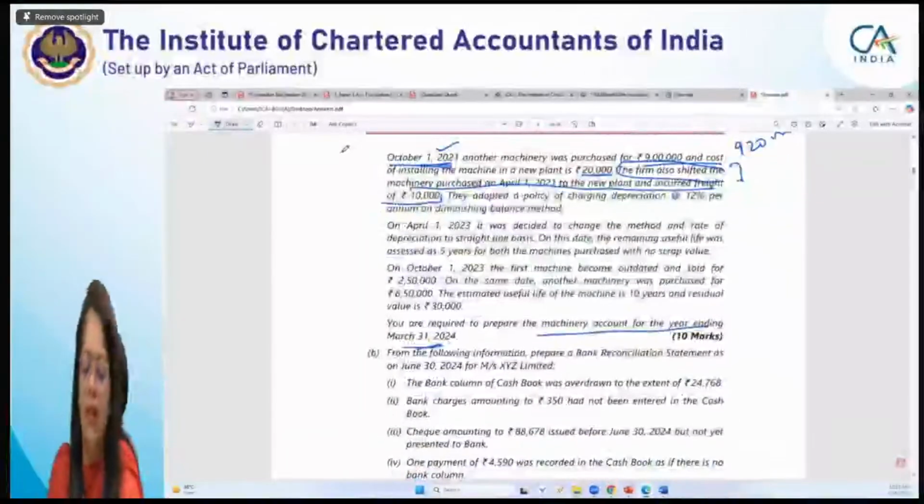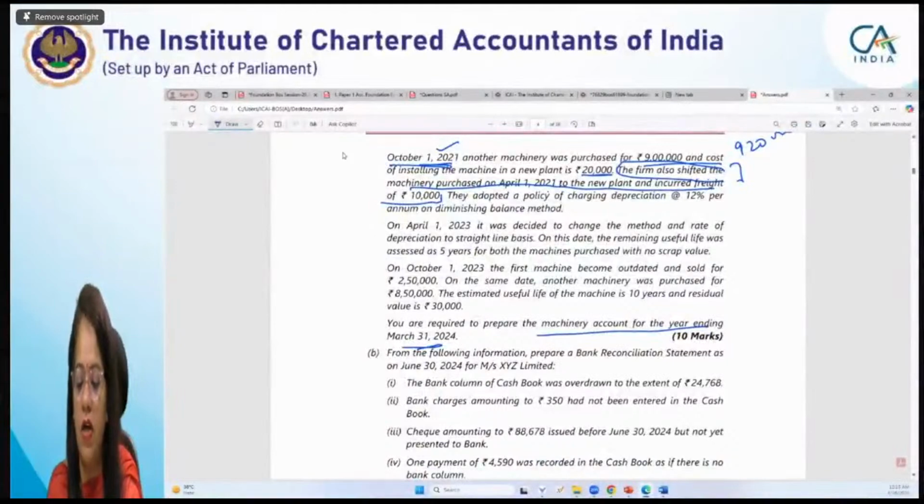Okay. Then the company adopted a policy of charging 12% depreciation on diminishing balance method. See, after 2 years, 1st April 21 से बात हुई थी, अब now 1st April 2023, it was decided to change the method and rate of depreciation to SLM basis.